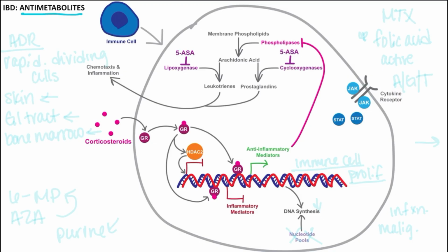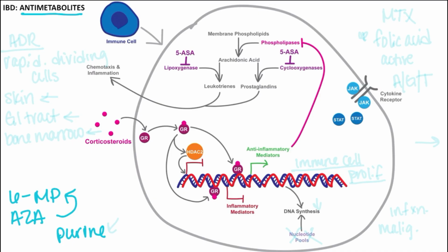So our first group of agents are going to be the thiopurines, which are either 6-mercaptopurine, which is sometimes abbreviated as 6-MP, and azathioprine, which is sometimes abbreviated AZA. And azathioprine is a prodrug which is converted to 6-MP in the body. Now these agents look a lot like purine bases, so they are fed into the purine biosynthesis pathway, which we covered in the gout video, to inhibit a number of enzymes involved in that pathway.